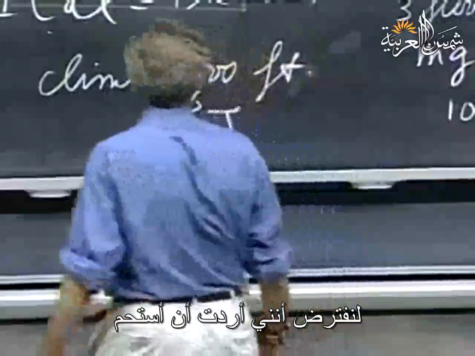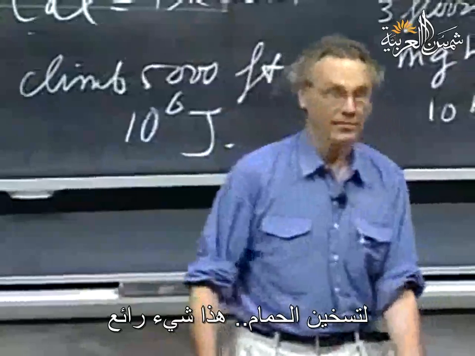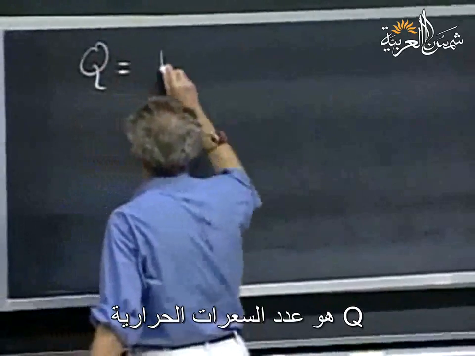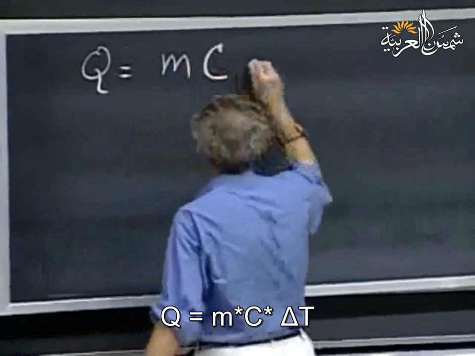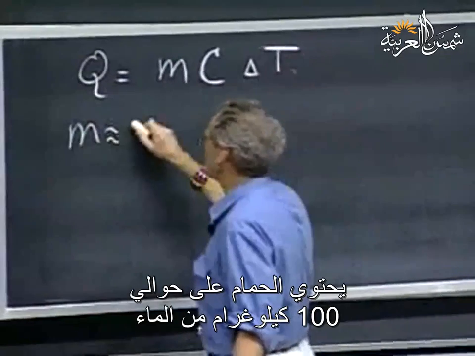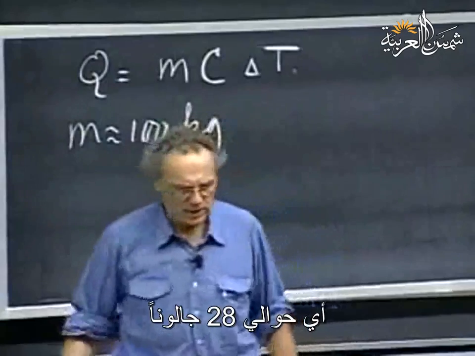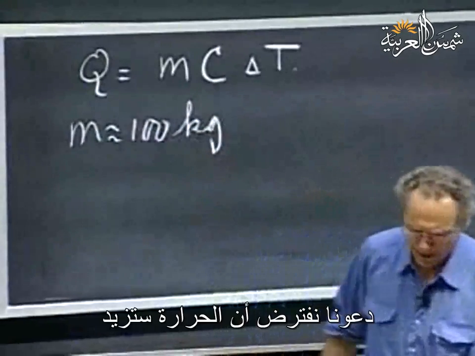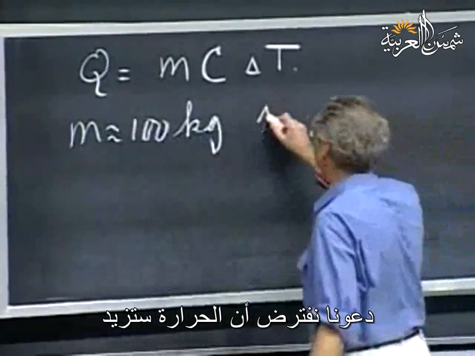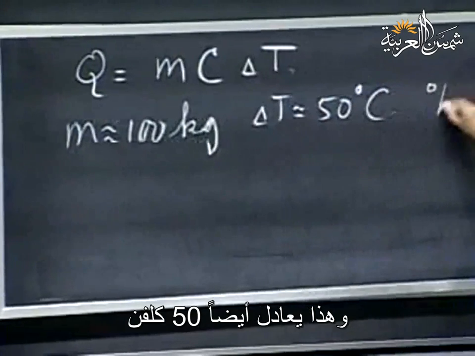Suppose I wanted to take a bath, and I want to calculate how much energy it takes to heat a bath. A wonderful thing to have. Well, we now know how to do that. Q is the number of calories. Q = m times c times delta T, that's the equation. A bath would contain about 100 kilograms of water. That is about 28 gallons. And let us assume that the temperature increase is about 50 degrees centigrade, which is the same as 50 degrees Kelvin.